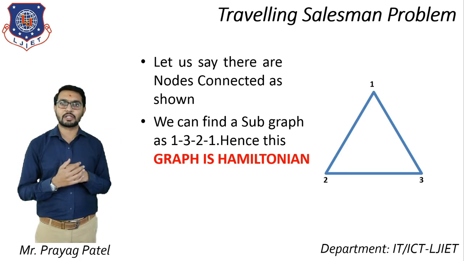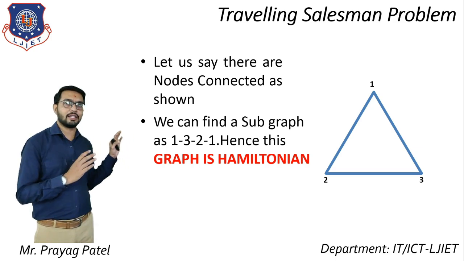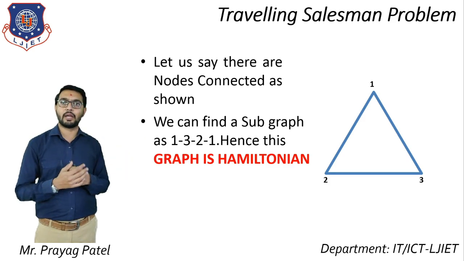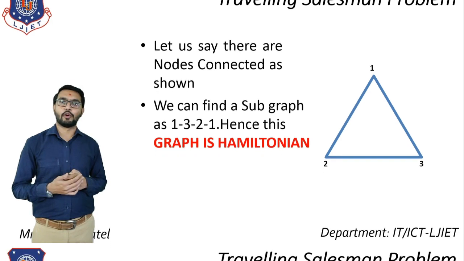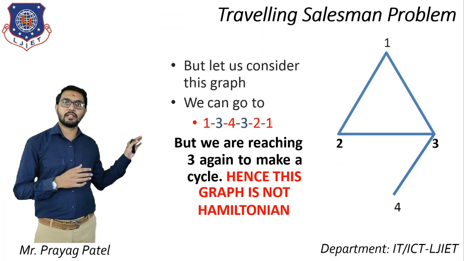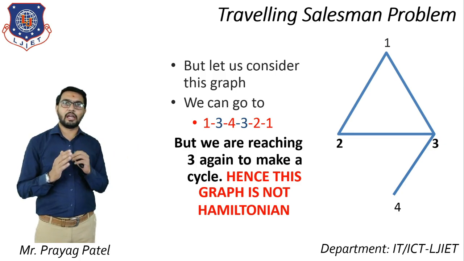So 1 is your starting state and 1 is your ending state, and both states 2 and 3 are visited. This is considered a Hamiltonian cycle or Hamiltonian problem using a graph. For understanding the Hamiltonian cycle, consider this figure. Here consider nodes 1, 2, 3 and 4.